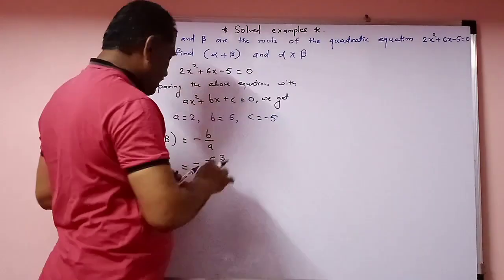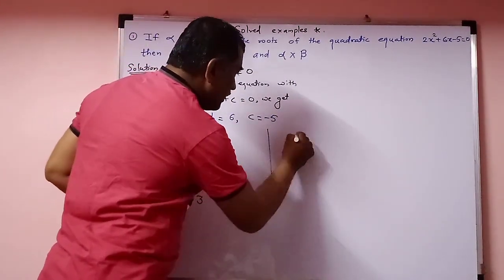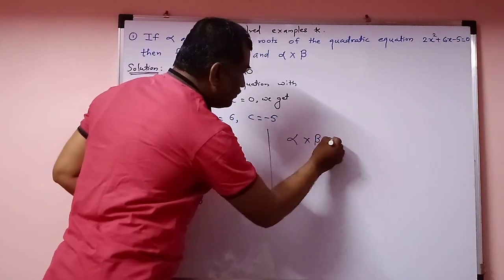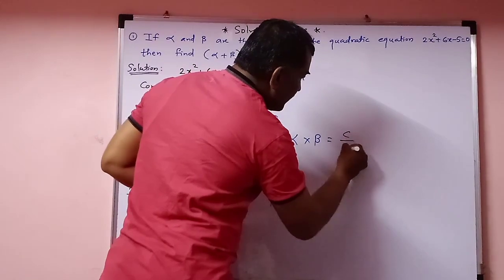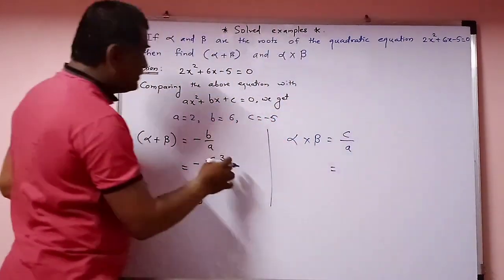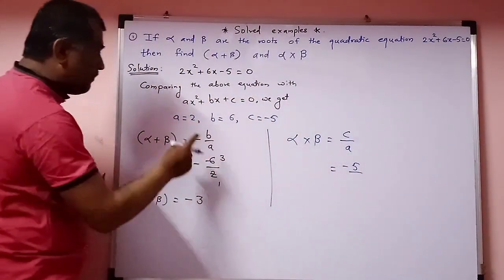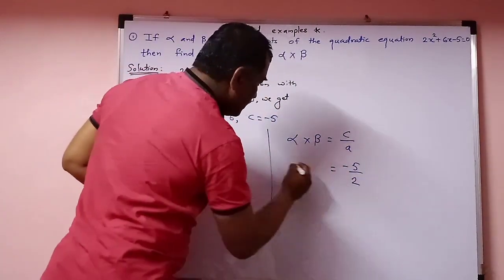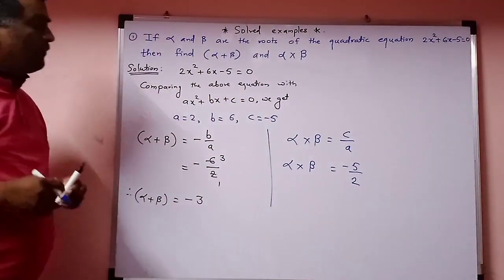Then find the value of alpha into beta. Alpha into beta, the product of the roots of a quadratic equation, is c upon a. Value of c minus 5 upon value of a 2. Therefore, alpha into beta is equal to minus 5 upon 2.